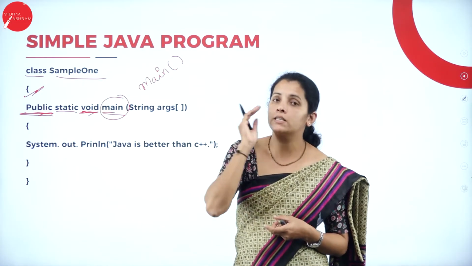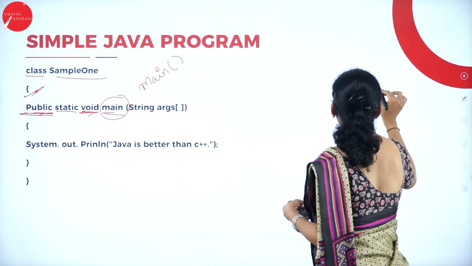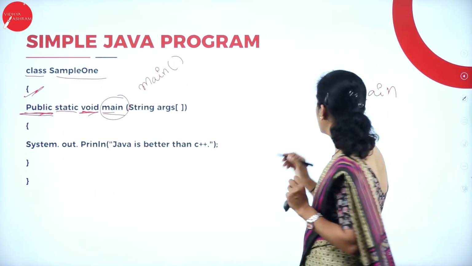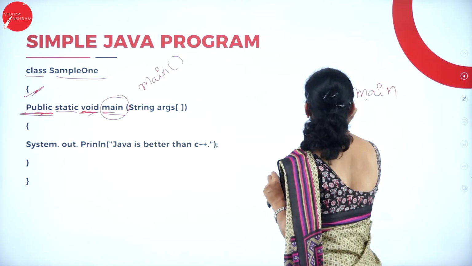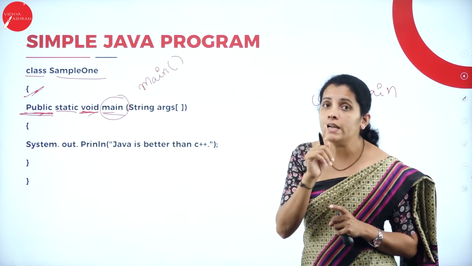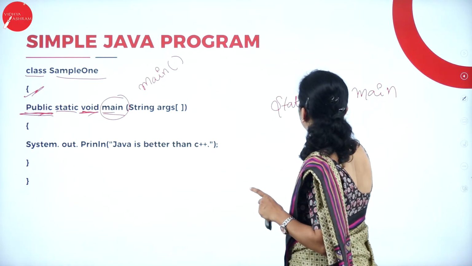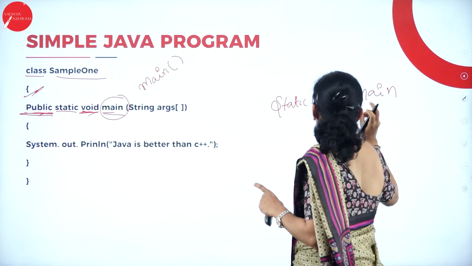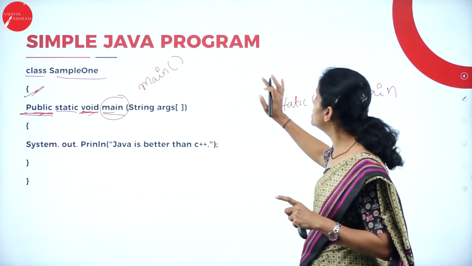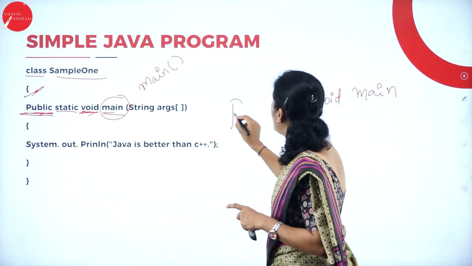So dear student, just remember that in the Java program, instead of writing just main, here I want to specify the return type. What is the return type? That is void. And I'm going to have only one main function that is indicated by the keyword static. And this main function is globally accessed by the program, throughout the program, that is indicated by the keyword public.